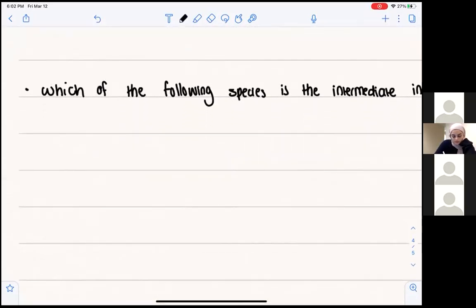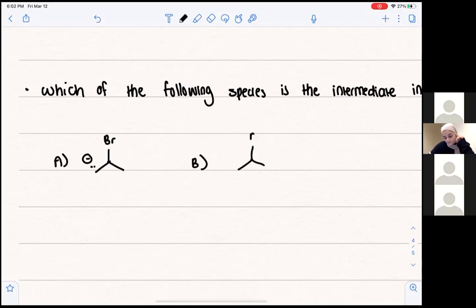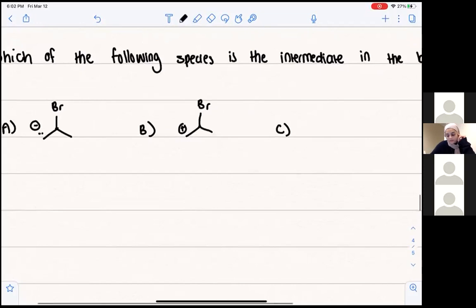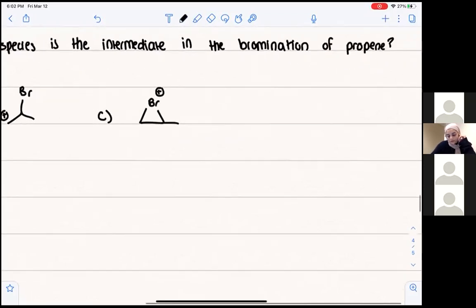So let's do A, B, C, or D? What do you guys think?